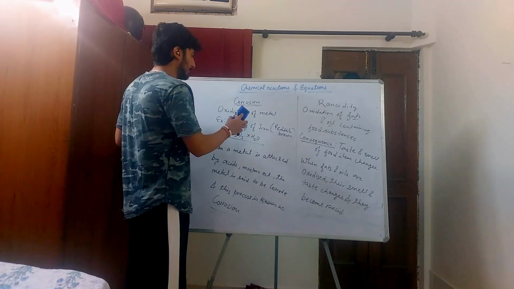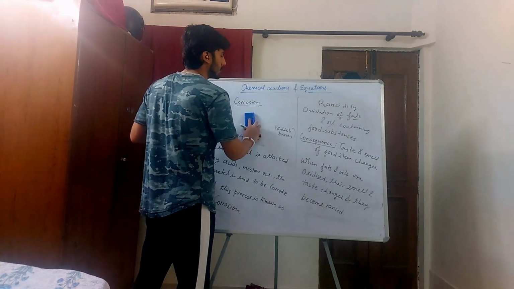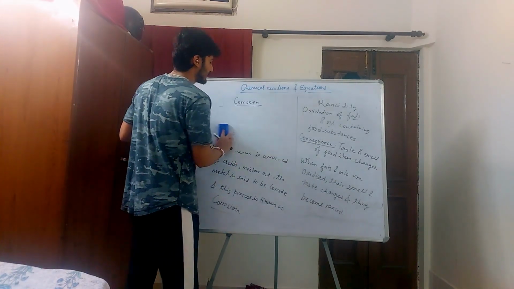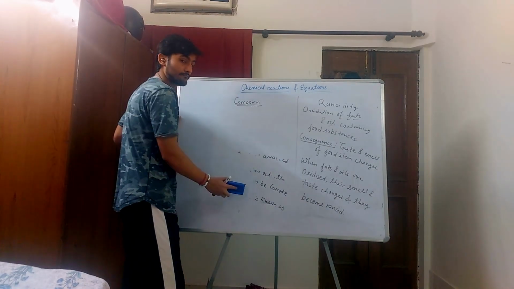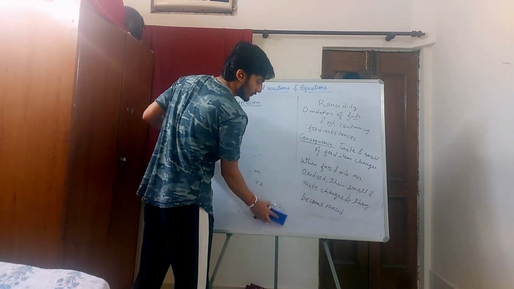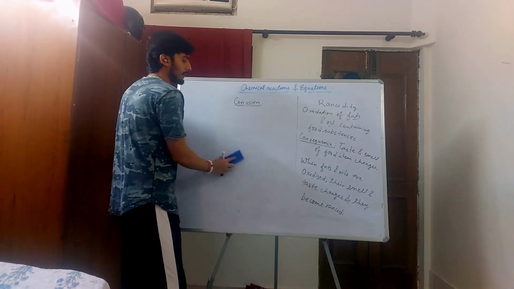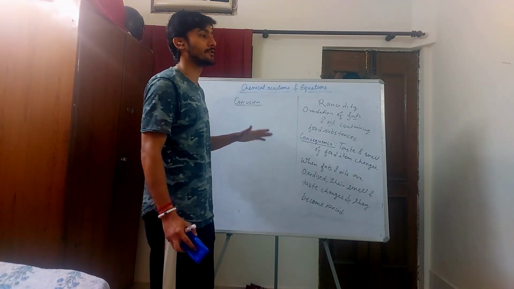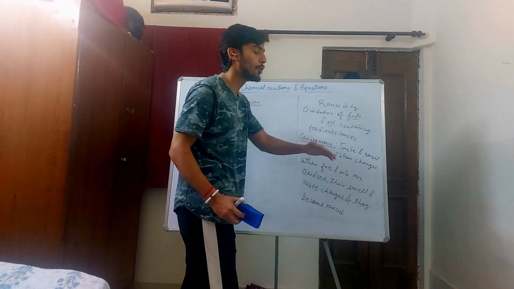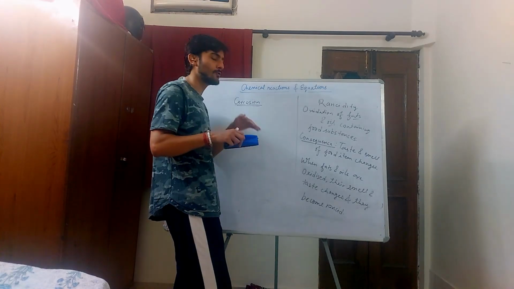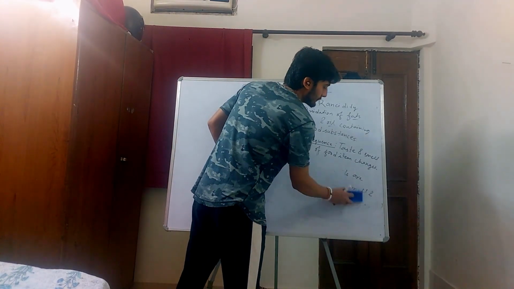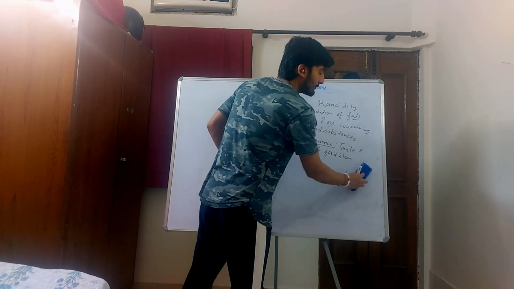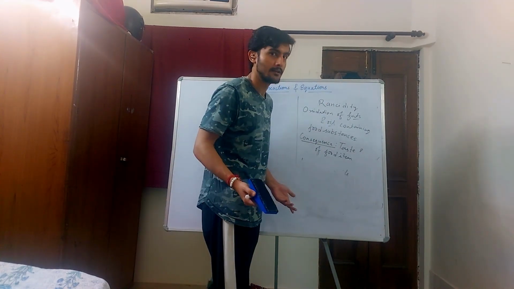So let's see how we can slow down, because we cannot stop these processes, right? Even all the food items, they have an expiry date, if you know, right? You know about the expiry dates. Why? Because we cannot stop these processes. We can just slow them down, right? That means we can increase their age, but we cannot make them immortal, right?